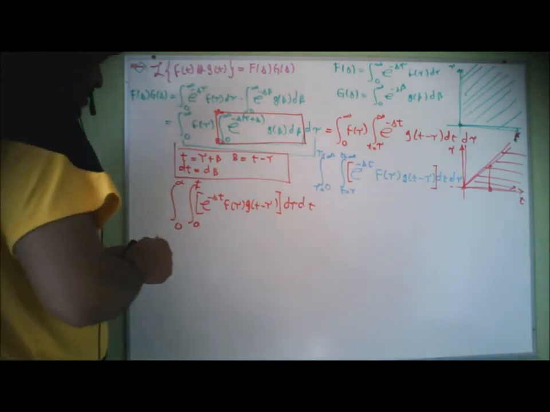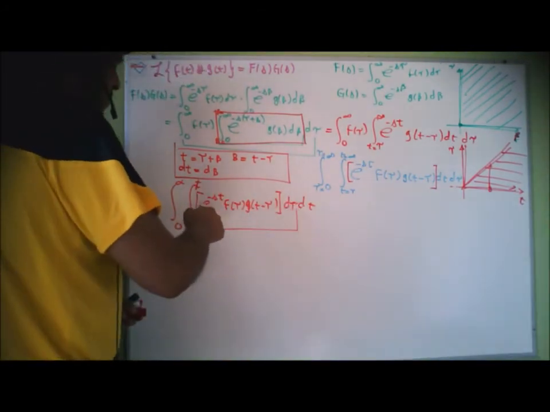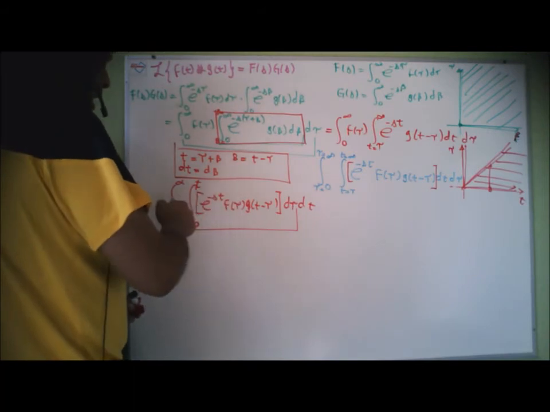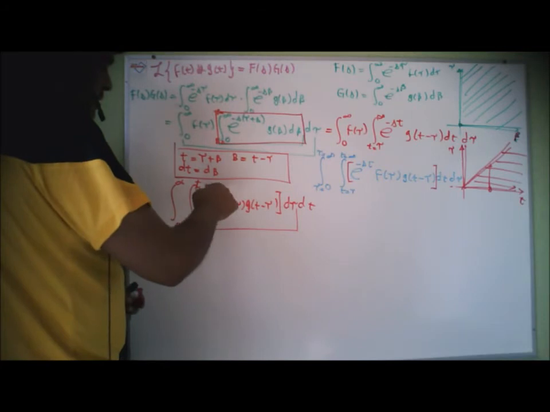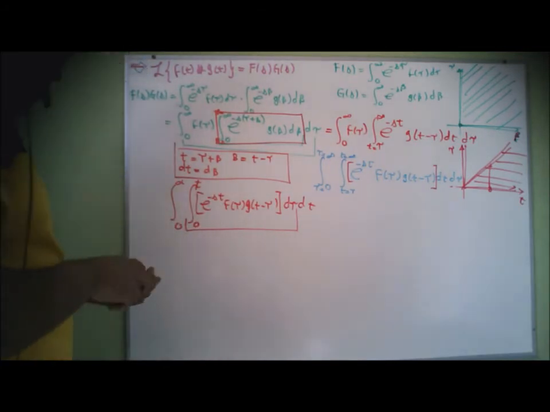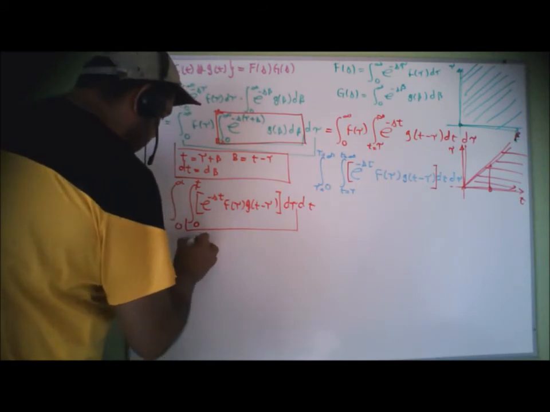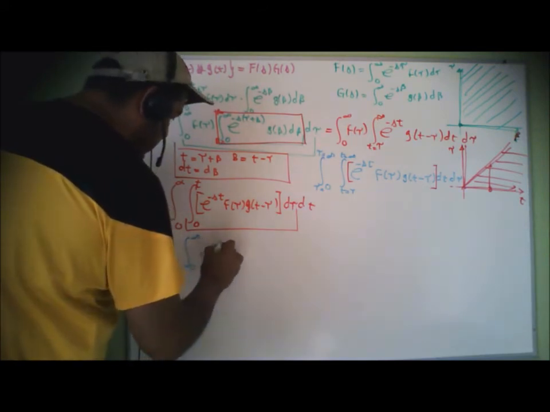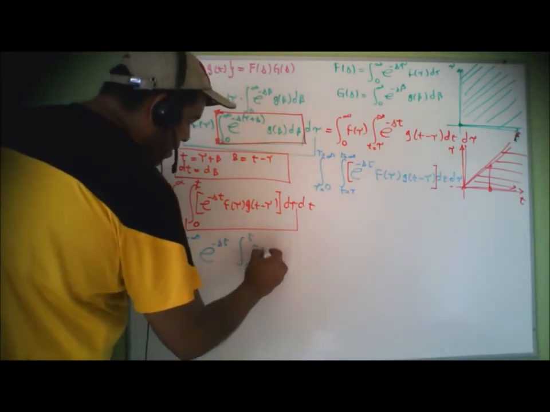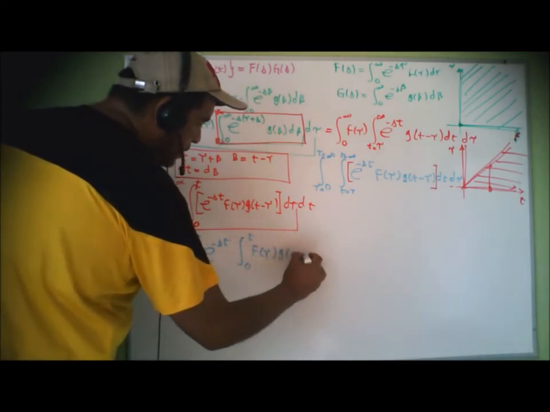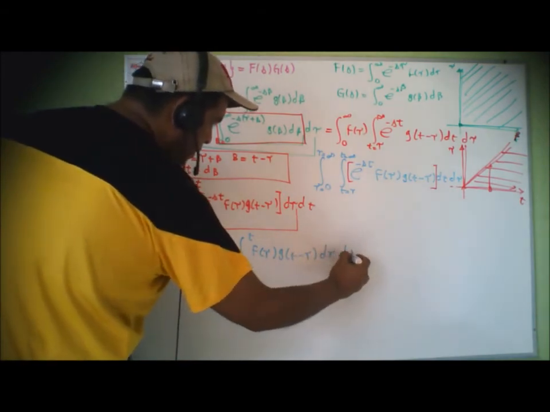Now because the first integral is with respect to the tau, the exponential of minus st can be taken outside because it doesn't have taus here. So what we can do here is the integral from 0 to infinity, exponential of minus st, and then the integral from 0 to t, f of tau, g of t minus tau, differential of tau, and then differential of t.